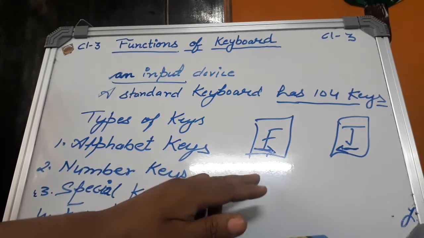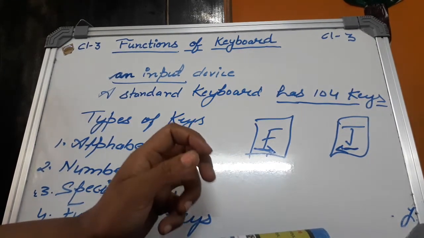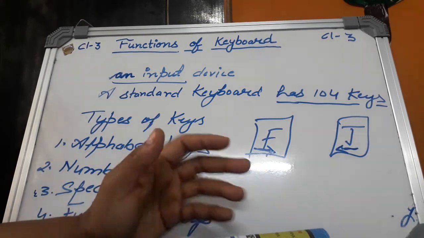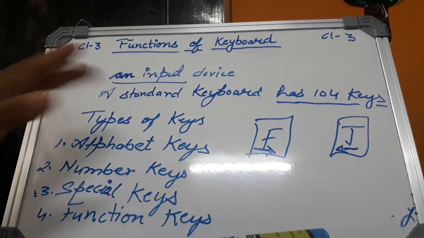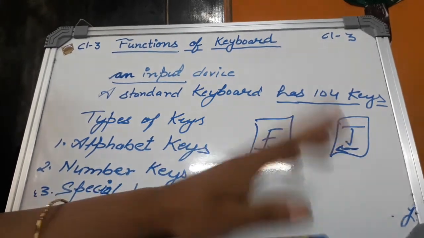With the help of these ridges and bumps of the F and J keys, they can type their text correctly.